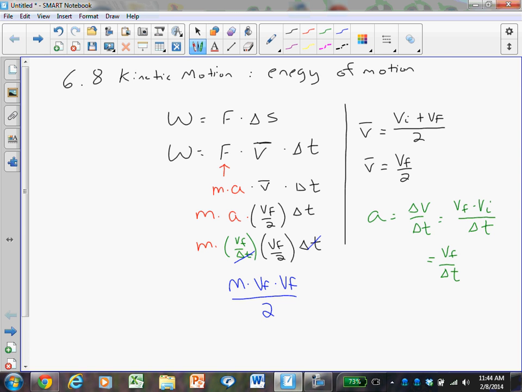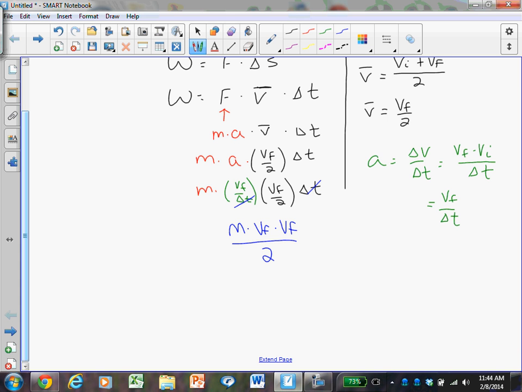Getting rid of the final for the velocity, we end up with 1/2 mv squared, and that's our kinetic energy, K. So from the work formula, we can get at kinetic energy. The kinetic energy formula is 1/2 of the mass of the object times its velocity squared.